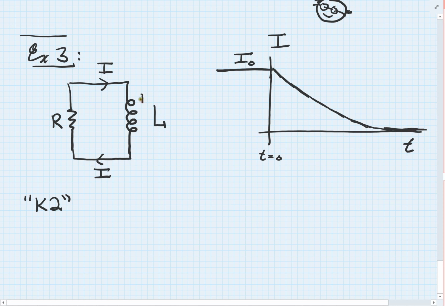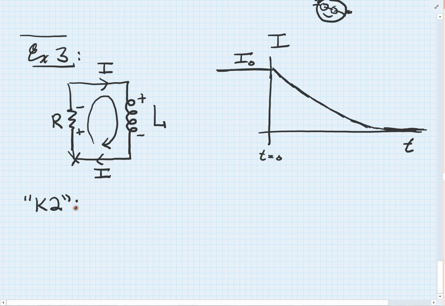So I should label the upstream and downstream sides of my inductor as the current flows through it, and similarly for my resistor. And now I'll take my Kirchhoff loop through my resistor. I'll use this as my starting and stopping point. And this time I won't be so perverse. I will actually loop around in the same direction as the current.